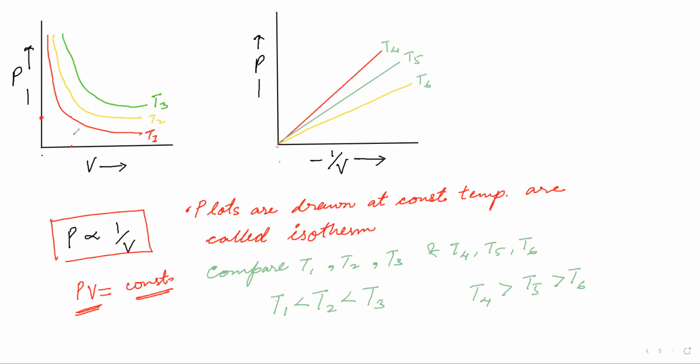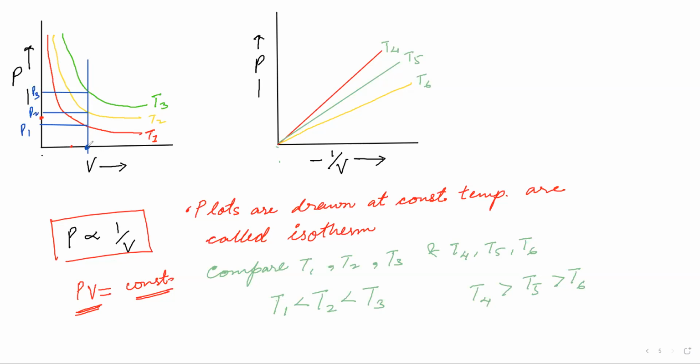This will be the pressure at constant volume. So I can write P1, P2, P3, correct?